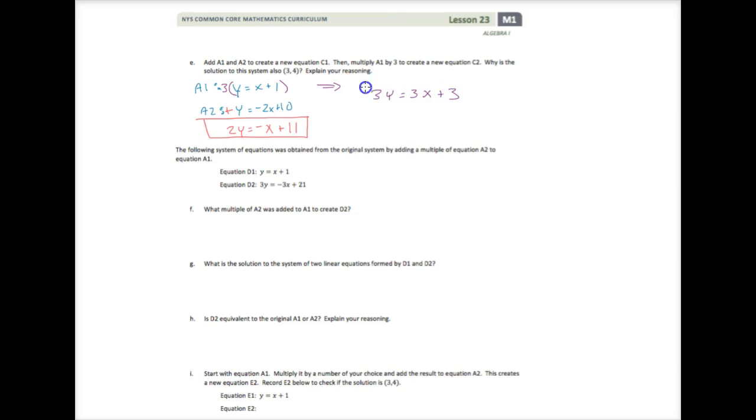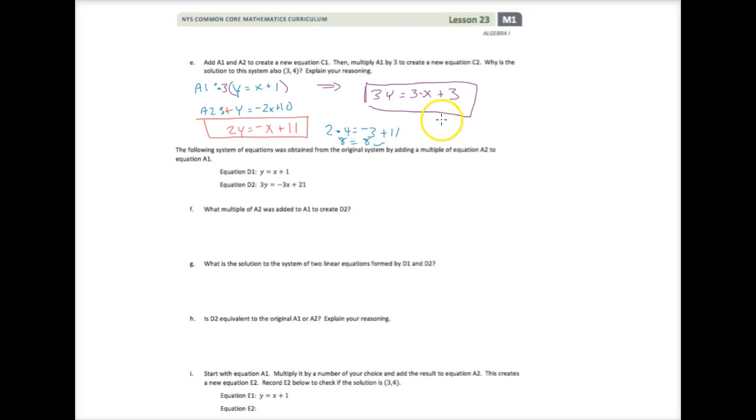Why is the solution to the system also 3, 4? Explain your reasoning. Well, basically, all I have to do is substitute in. Imagine putting 4 in here and 3 here. 2 times 4 equals negative 3 plus 11. 8 equals 8.